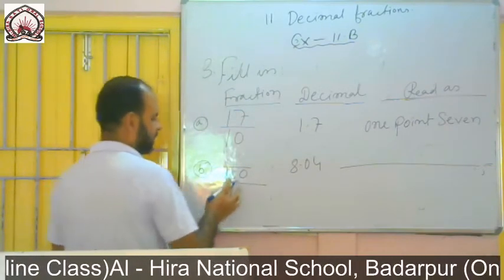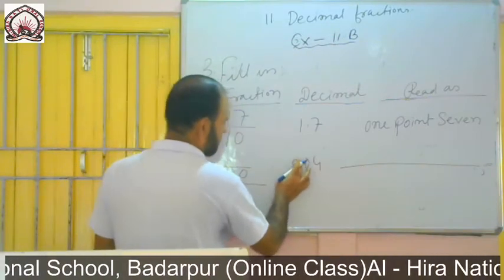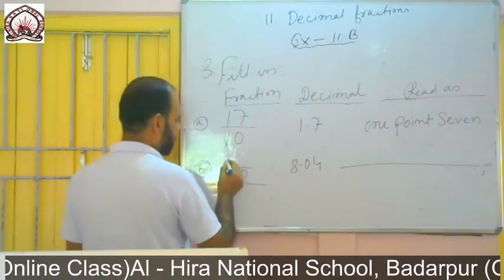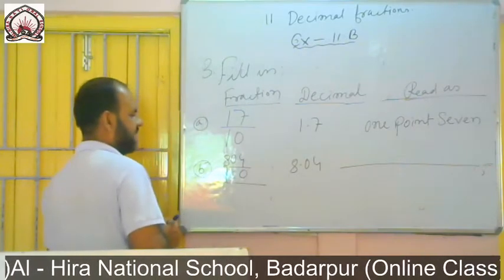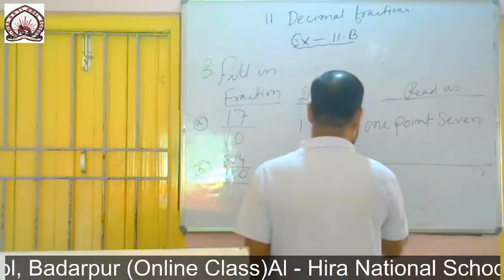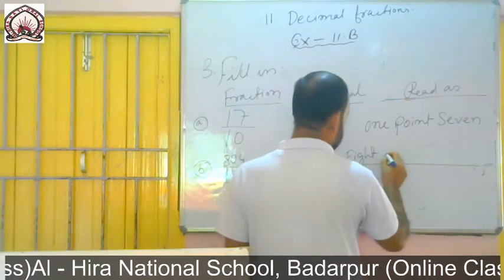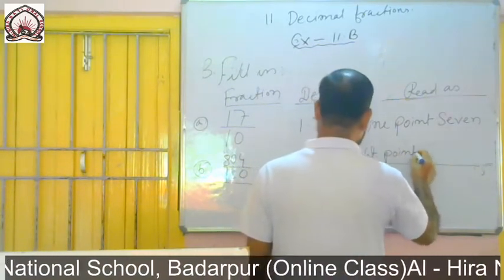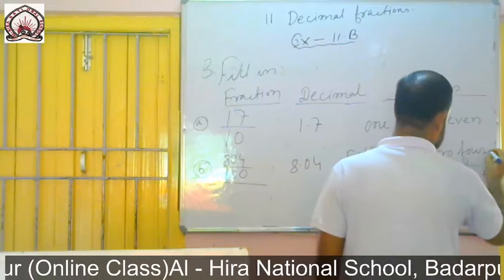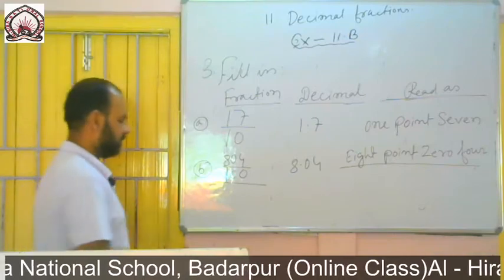The denominator is 100 and the numerator is, leaving the point, 804. That means 804 by 100. We read it as 8 point 0 4. Question number C.